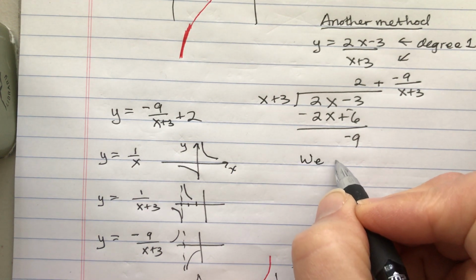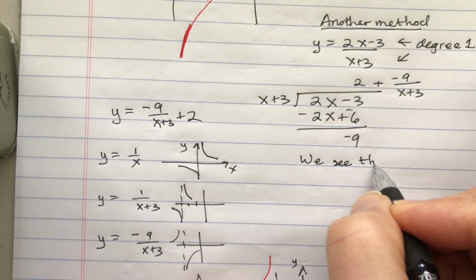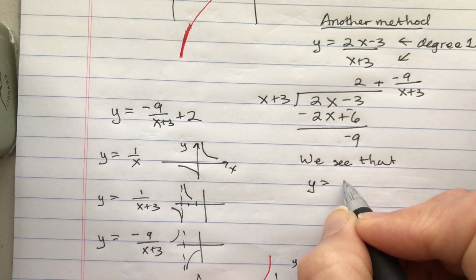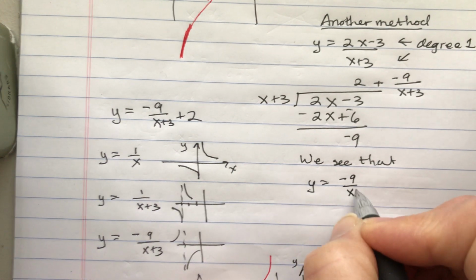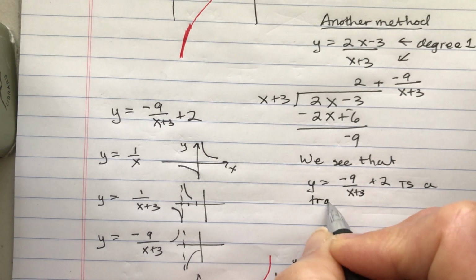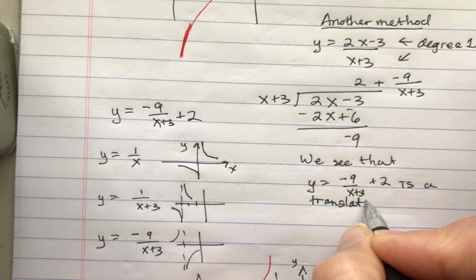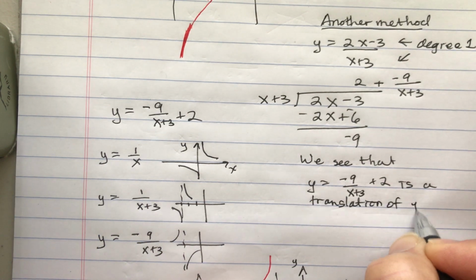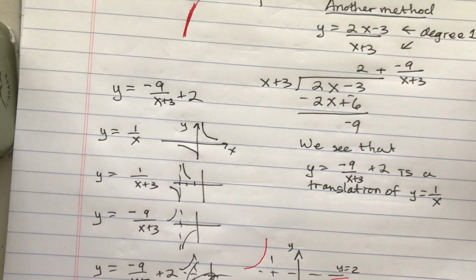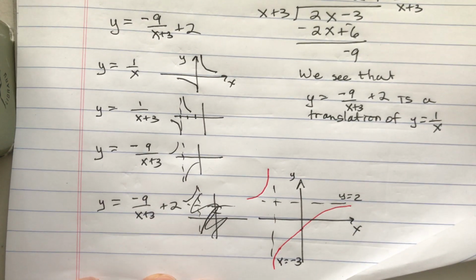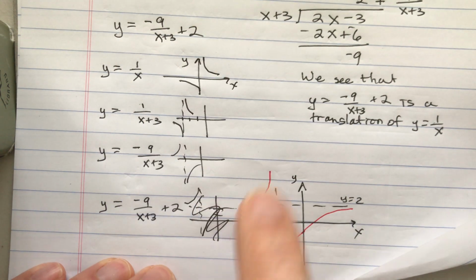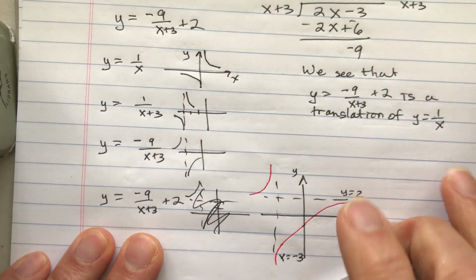We see that y equals negative 9 over (x plus 3) plus 2 is a translation of y equals 1 over x. It's a translation, also there's a reflection there. But that's just one way to do it. The other way I think was good too, maybe even better.